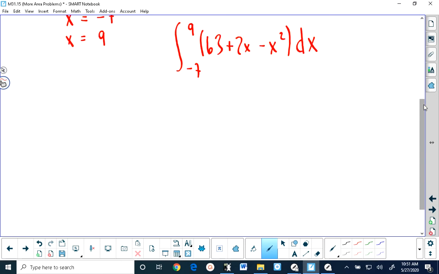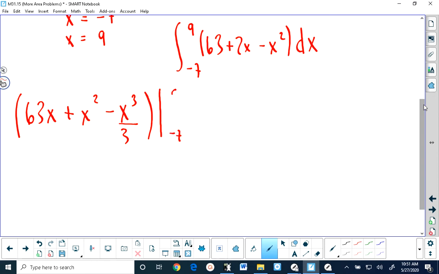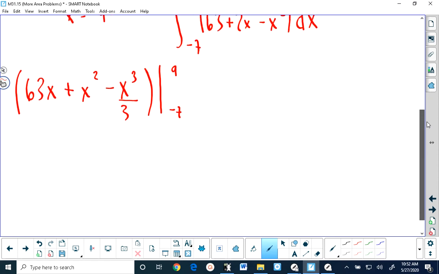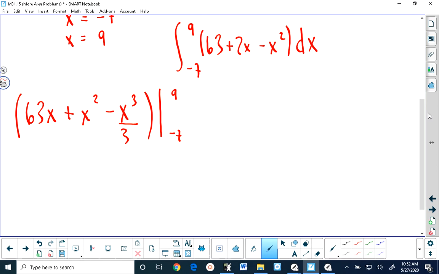Okay, we are going to have to take 63x plus x squared minus x cubed over 3, which is the antiderivative of the function, and evaluate it from -7 to 9. So we have to put 9 in first and then subtract the result of putting -7 in.